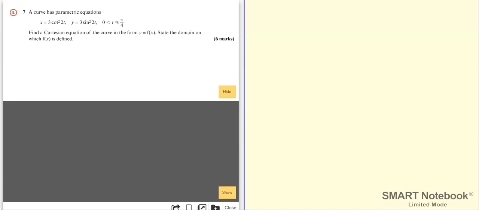What underlying identities, maybe more than one, can I use to help me get to the Cartesian equation? Maybe you can start off with doing that and typing that in the chat, please. What underlying trig identity do we need to use?